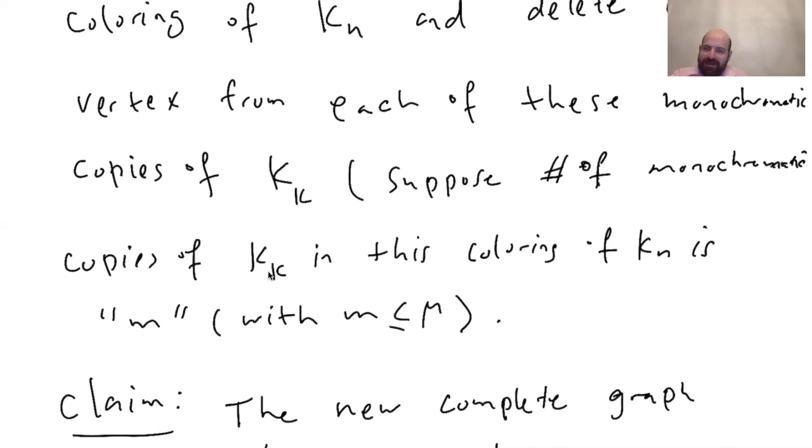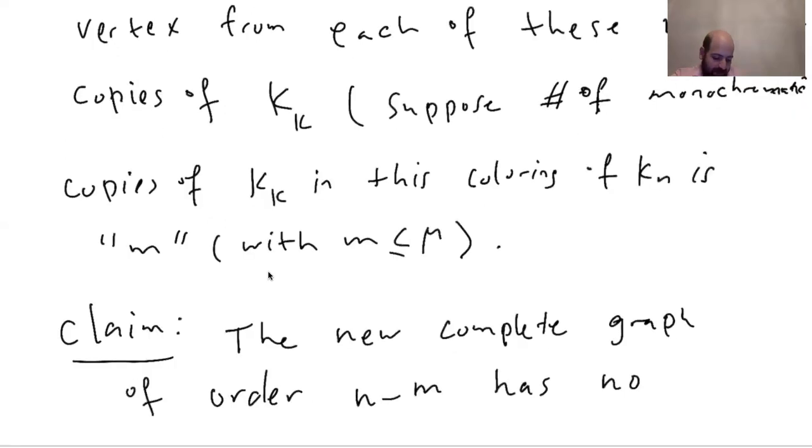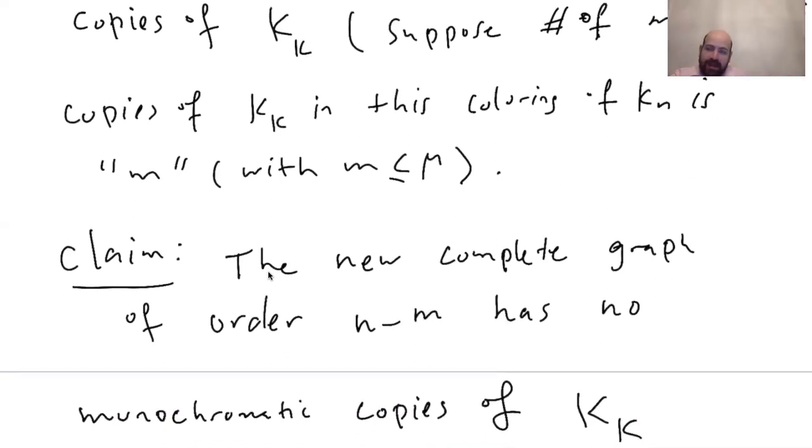In total I had n vertices and I deleted m of them. When I delete a vertex, of course you have to also delete all the edges connected to it, but I'm focused on the number of vertices here, not edges. So I'm left with n minus m vertices, and this cannot have any copies of Kk anymore.